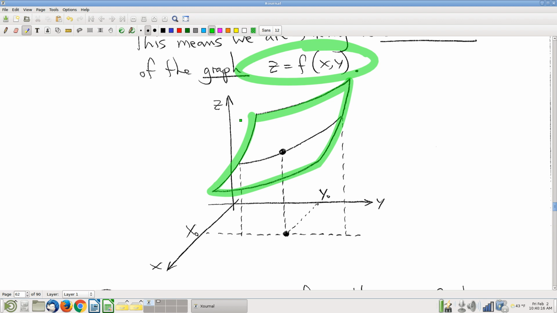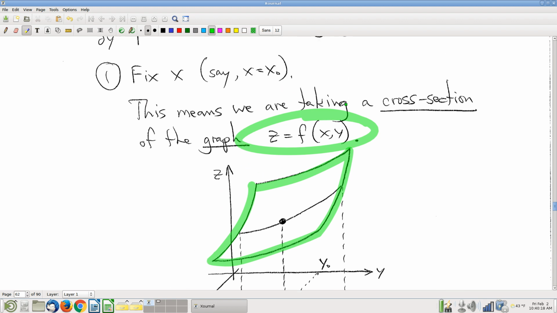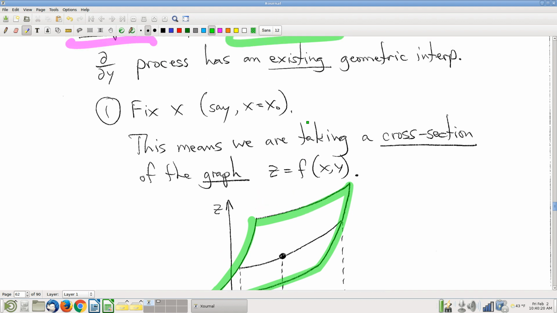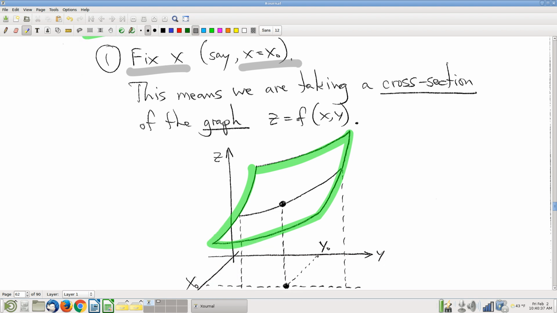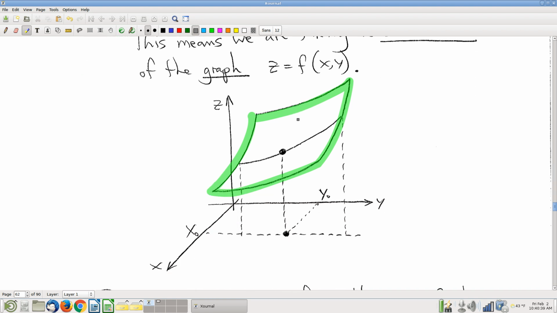So what are the steps when you take a partial derivative? Well, keep in mind the first step in taking a y partial is you fix all the other variables, not allowed to change, right? So there it is. Fixing x, setting x equal to a constant. Looking at this picture, what would it mean to say x equals a constant?